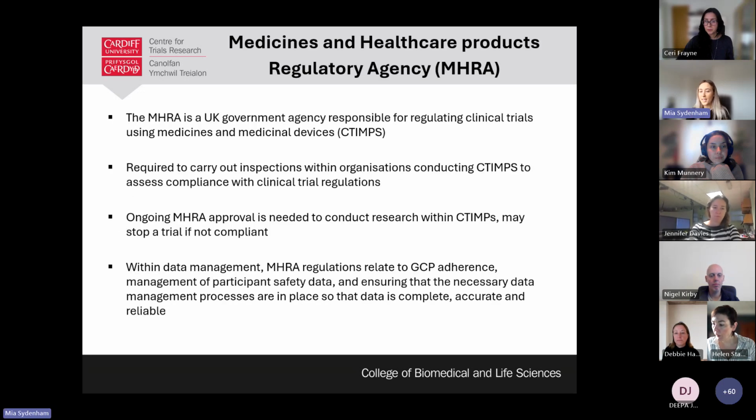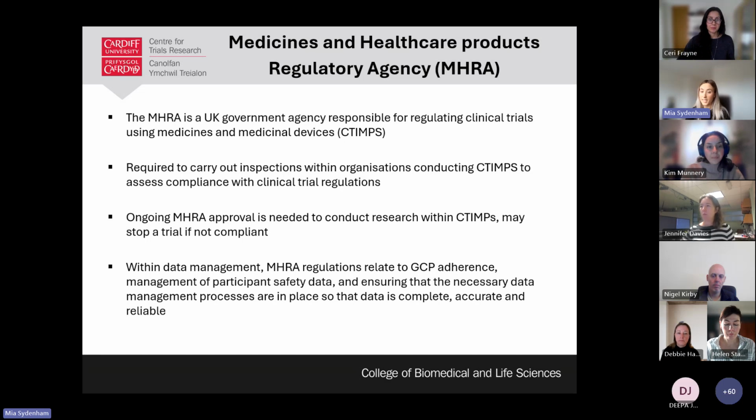Next is the Medicines and Healthcare Products Regulatory Agency, or MHRA, which is a UK government agency responsible for regulating clinical trials that use medicines and medicinal devices. This applies to CTIMPs only. They're required to carry out inspections within organisations conducting CTIMPs to assess compliance with clinical trial regulations.